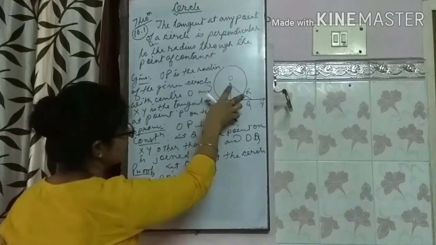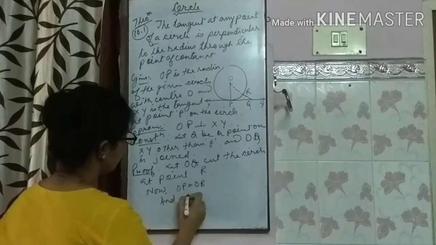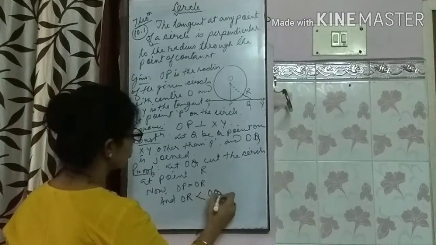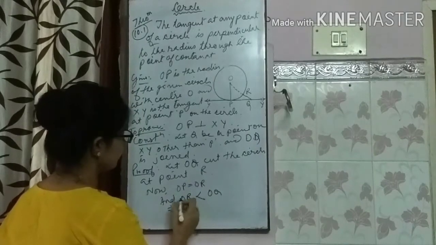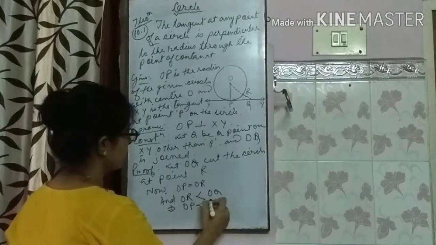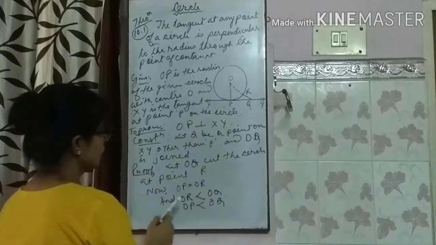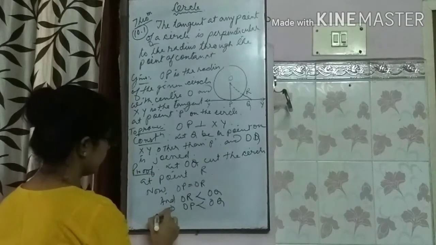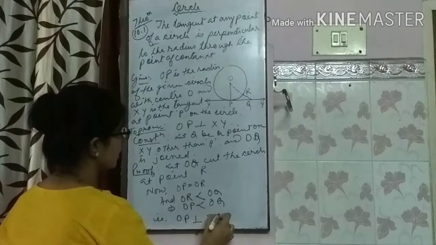OQ is a longer part and OR is a smaller part. So OR is smaller than OQ. That means OR, which was equal to OP, is smaller than OQ. So here it becomes OP is smaller than OQ. That means OP is perpendicular to XY.